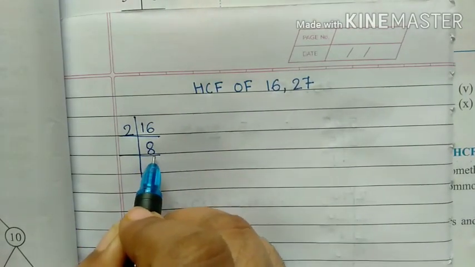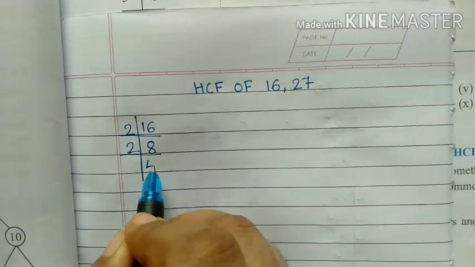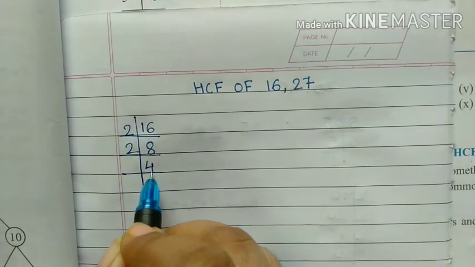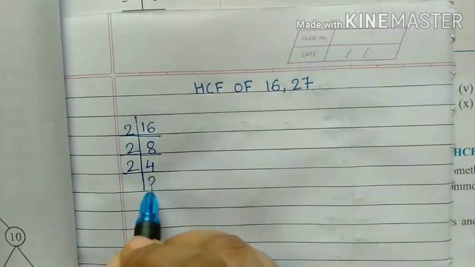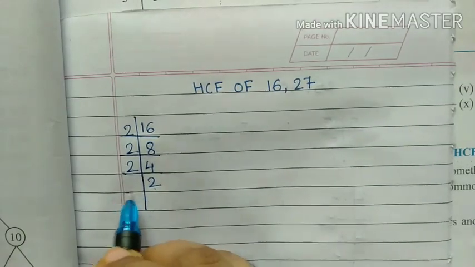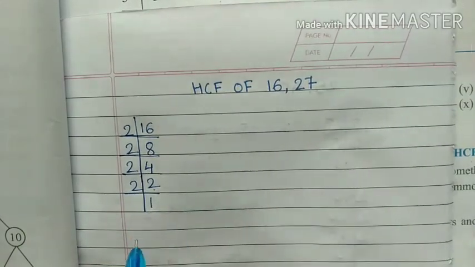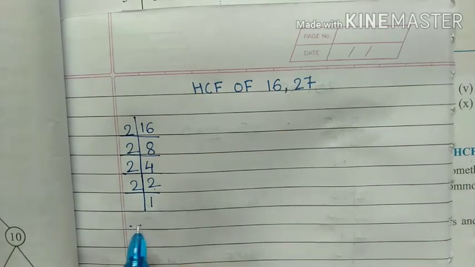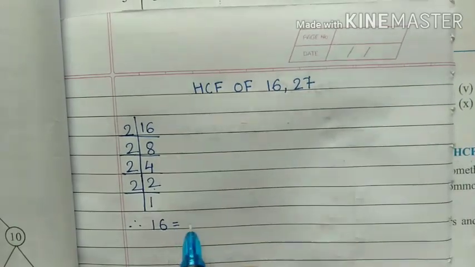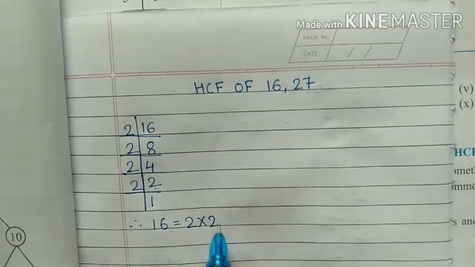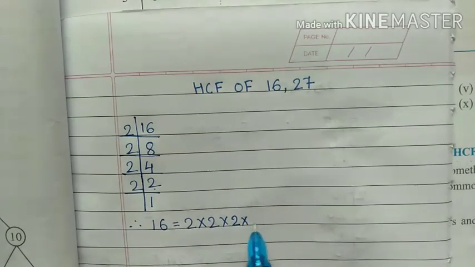Again 8 is divisible by 2. 2 4s are 8. 4 is divisible by 2. 2 2s are 4. 2 is a prime number. So 2 1s are 2. Therefore 16 is equal to 2 multiply 2 multiply 2 multiply 2.